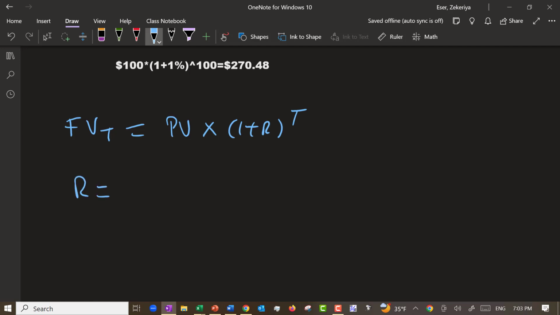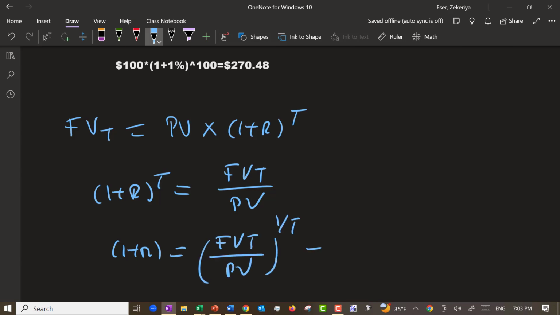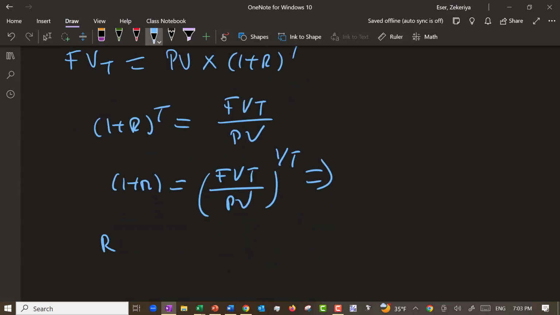I can solve for R as, let me see, one plus R raised to the power T is, if I take logarithms of both sides, no, that's for T. If I raise everything to the power 1 over T, okay, it's an ugly formula, and trust me, it's not the last ugly formula you're going to see for a while.